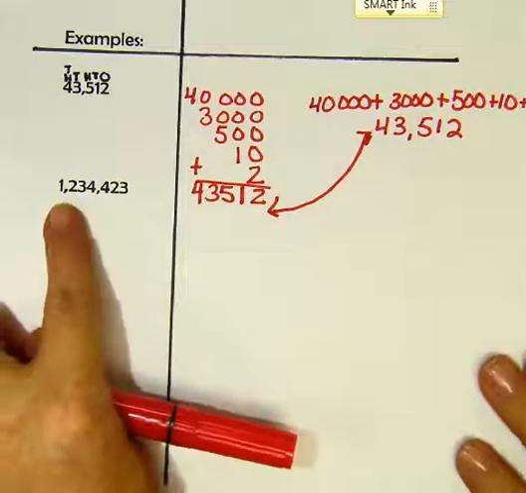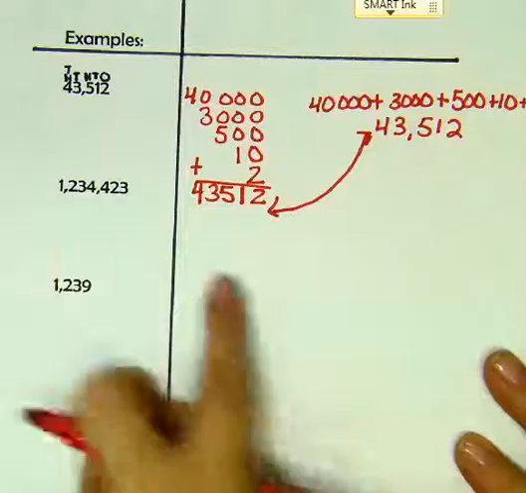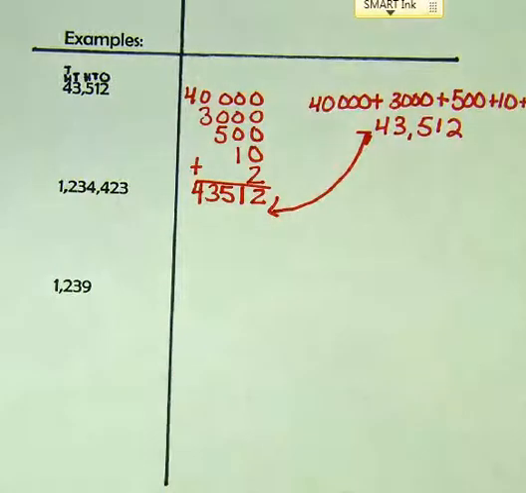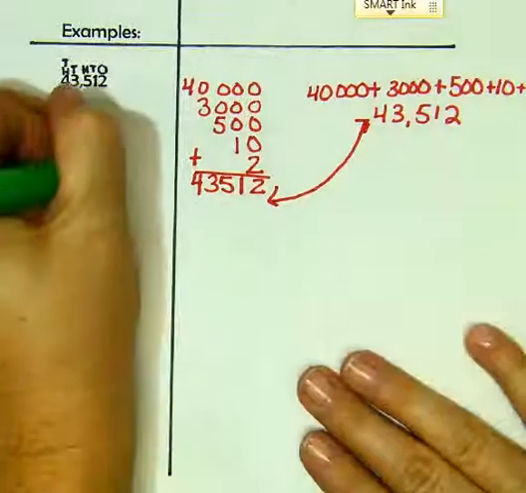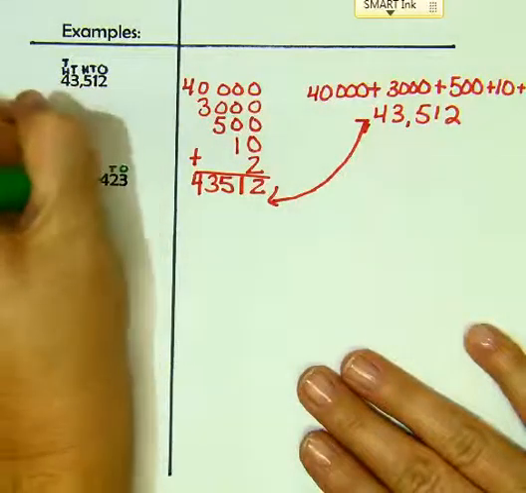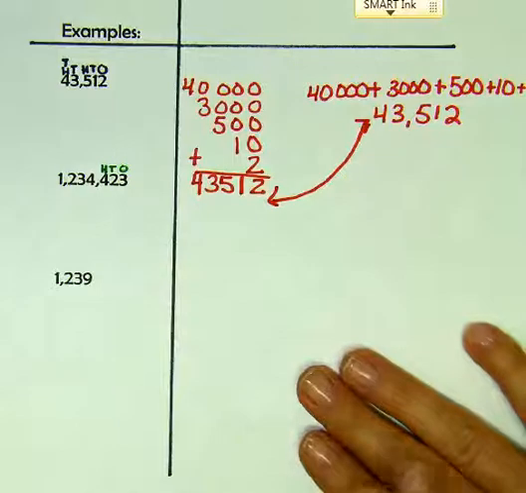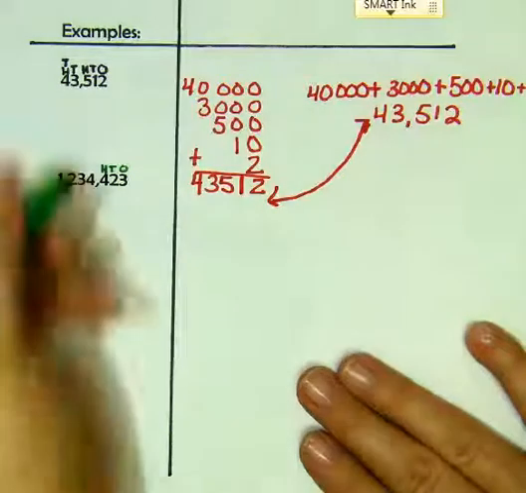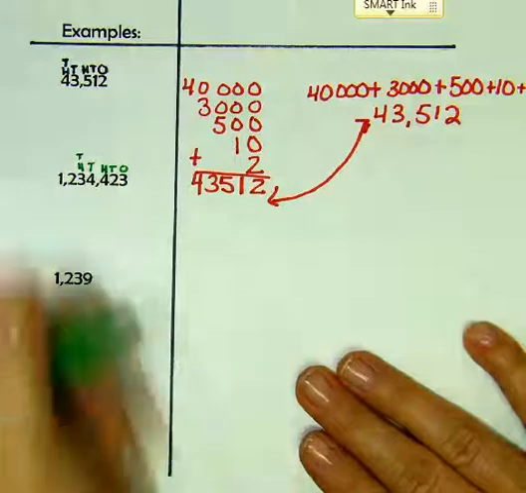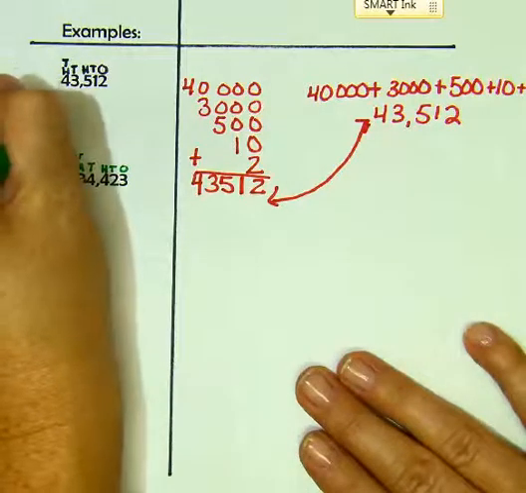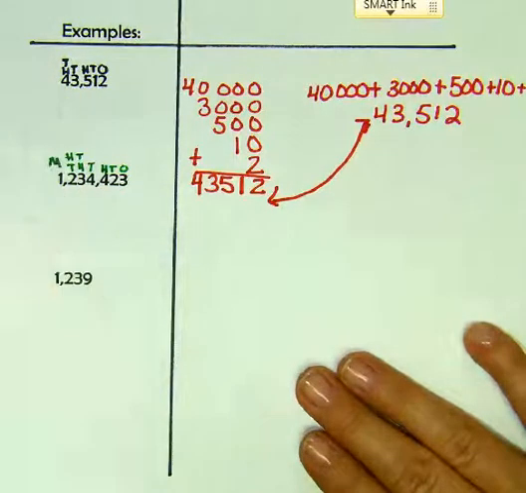I'm going to do this 1,234,423 down here because I ran out of room a little bit. So again, the first thing is to identify place value. This is the ones, tens, hundreds, and again, look at your place value chart that we colored. It's in there for you. Thousands, 10,000s, 100,000s, and that's the millions.